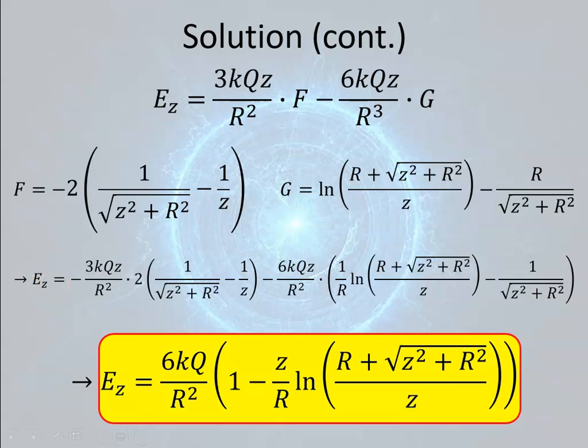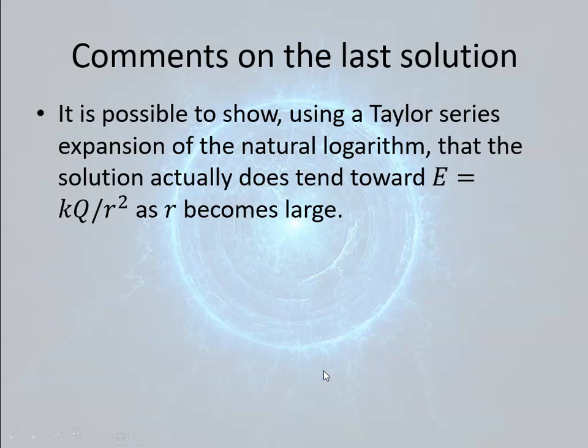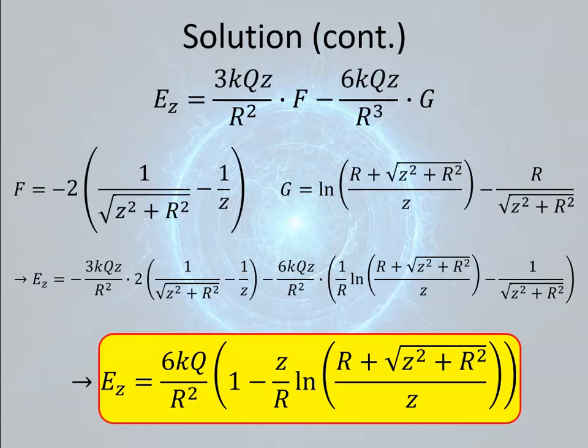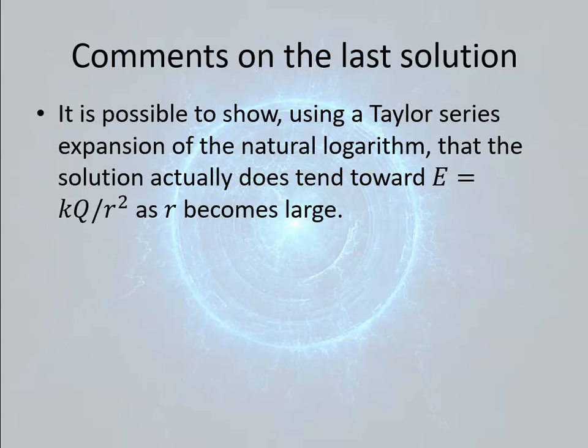Wow, what a problem. Now, some comments on that last solution. It's possible to show that if you look at that natural logarithm expression, it can be expanded into a Taylor series. And after expanding this thing into a Taylor series and noticing that you get a couple of cancellations, what you're going to be left with is kq over z squared.